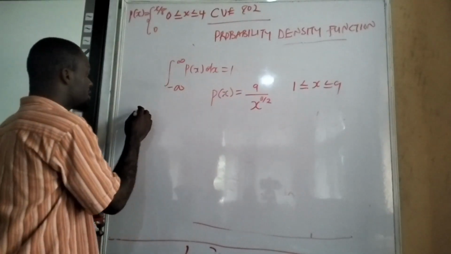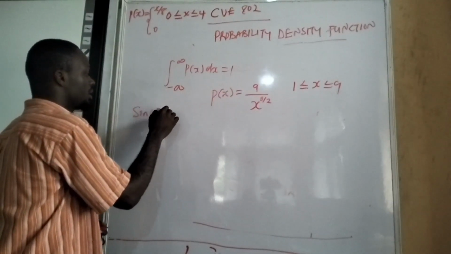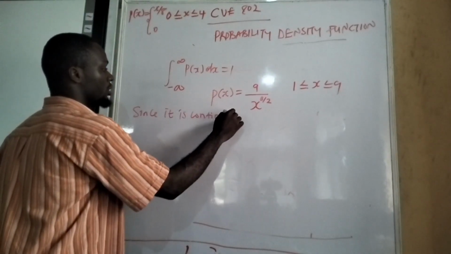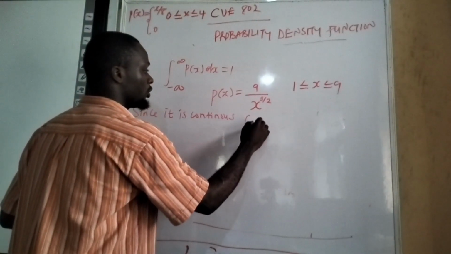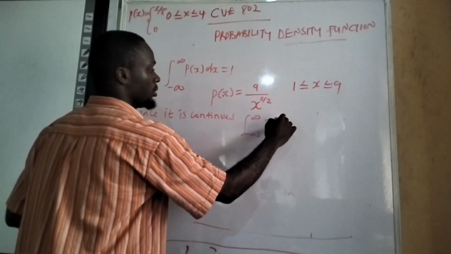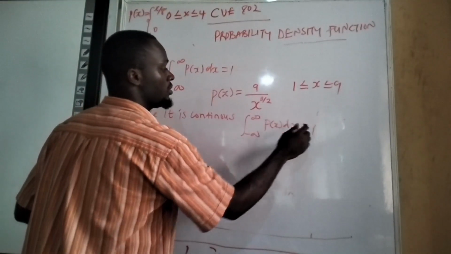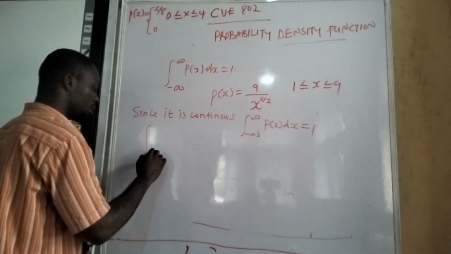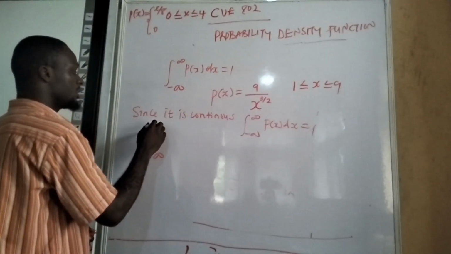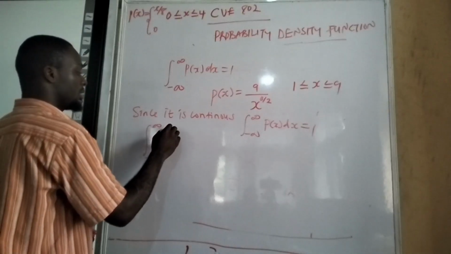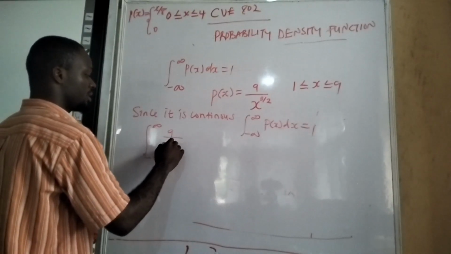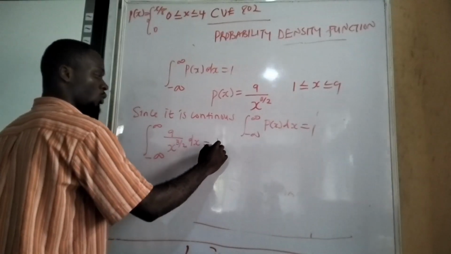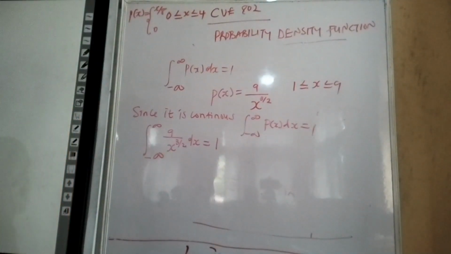So since it is continuous, if we integrate that function with respect to s, we get 1. So we should integrate a over s to the power 3 over 2 with respect to s to give us 1.